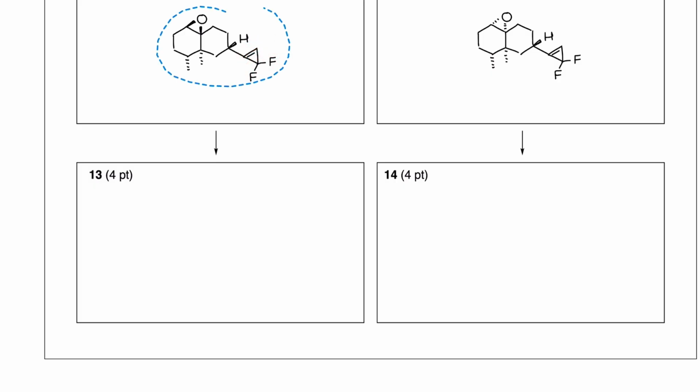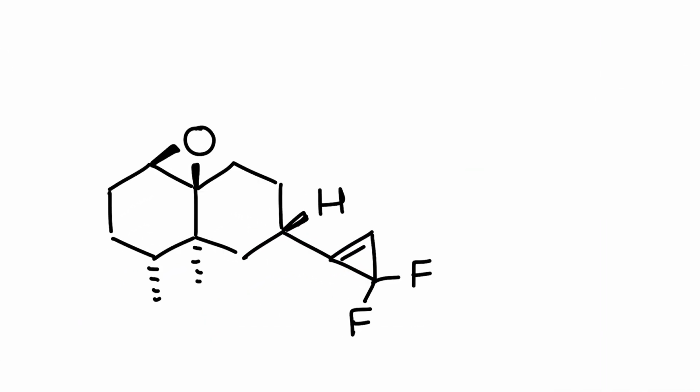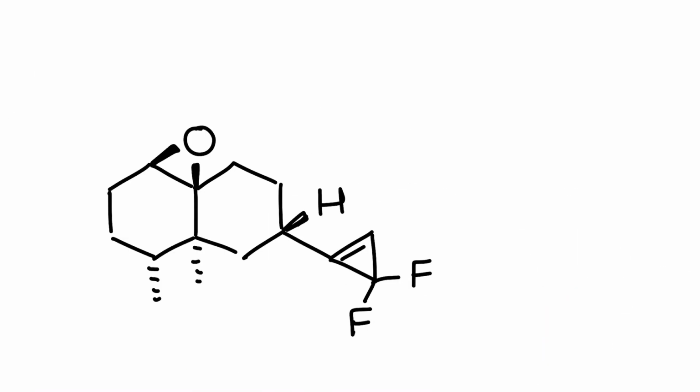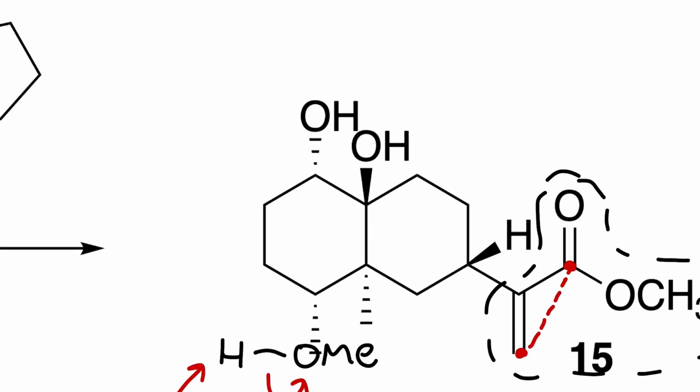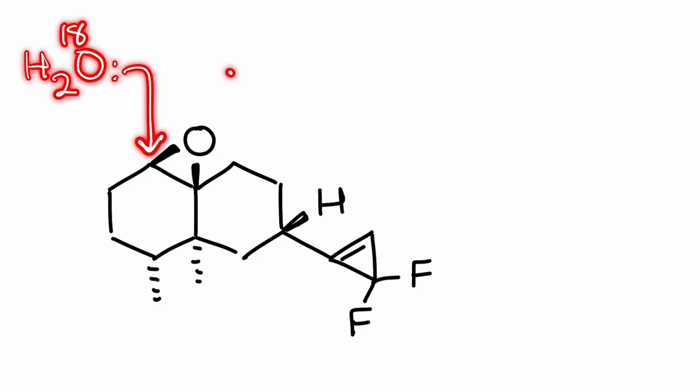So then 13 with its double bond right here, which is wedge, this wedge instead matches with this wedge. So what's telling me is that the isotopic water attacks here.